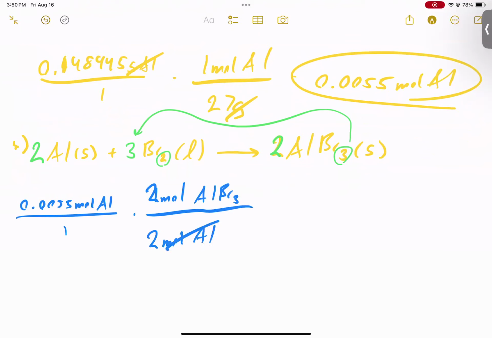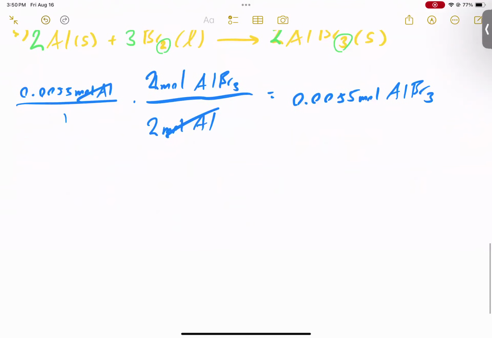Well, moles cancel out, but because it's a 2-to-2 ratio, that's just really 1-to-1. That's really going to be 0.0055 moles of aluminum bromide. We're not done yet because it asks for nanograms. Don't stop here. The race is not over yet.